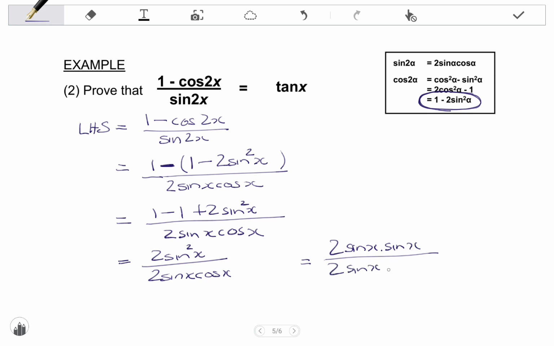So this makes it very clear what I'm going to cancel. I'm going to cancel the 2's and I'm going to cancel the sine x's. So I'm left with sine x over cos x, and from the quotient identity we know that that is equal to tan x, which is the right hand side, and I finish by saying equals right hand side.